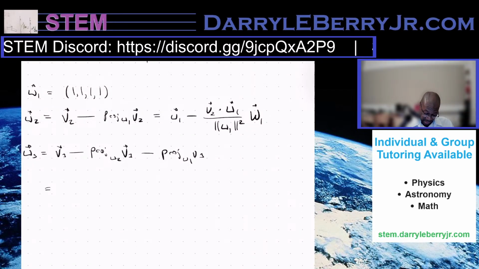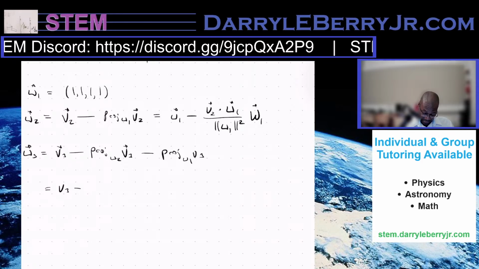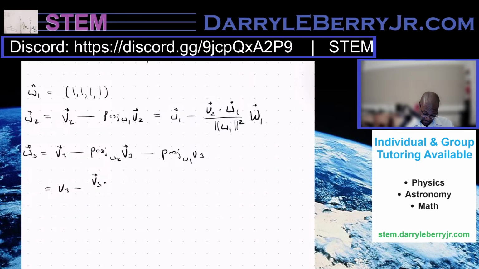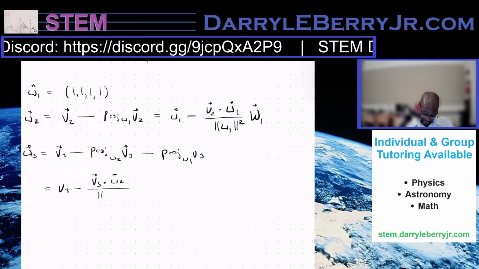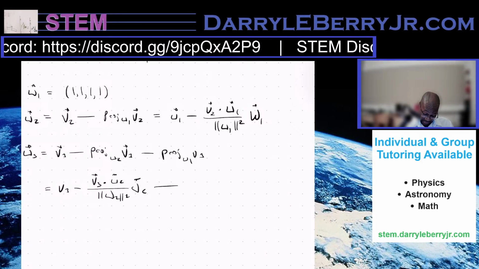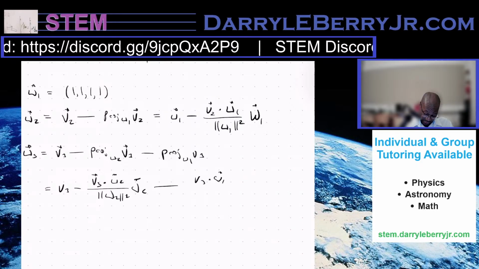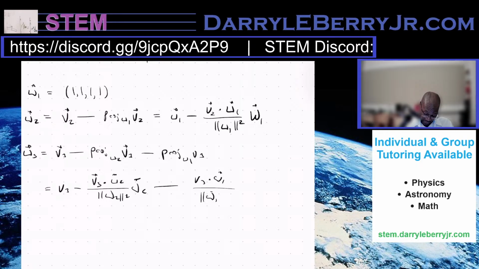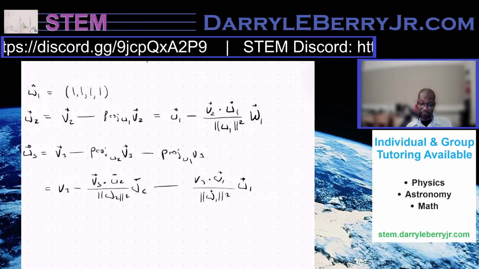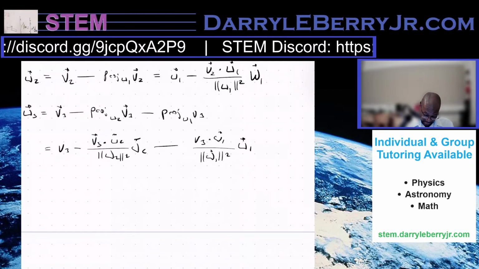So it's going to be V3 minus V3 dot W2 over the magnitude of W2 squared, W2, minus V3 dot W1 over the magnitude of W1 squared, W1. Right? So let's spread out what this is going to be.